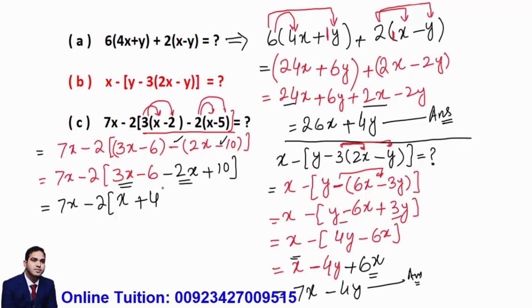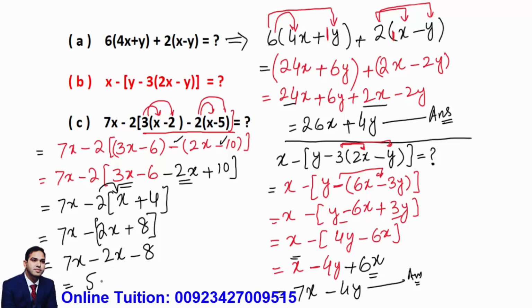Okay, now after that this is 7x, now this is 2 multiplied with 2x, and 2 multiplied with 4 will be 8. Now 7x negative 2x, and this sign will be changed into negative because this is negative, this positive will be changed into negative. Okay, now 7x negative 2x is equal to 5x, and this is negative 8. So this is the answer for question number C.